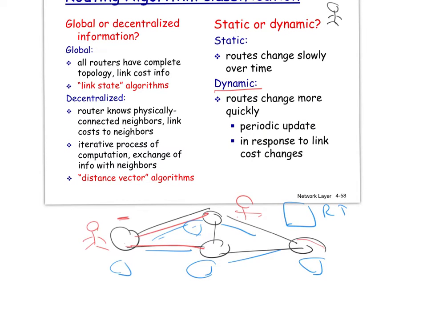That's step one. So for global, step one is get global link states of all the edges in the network.